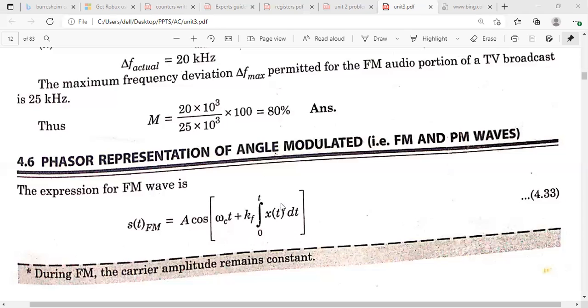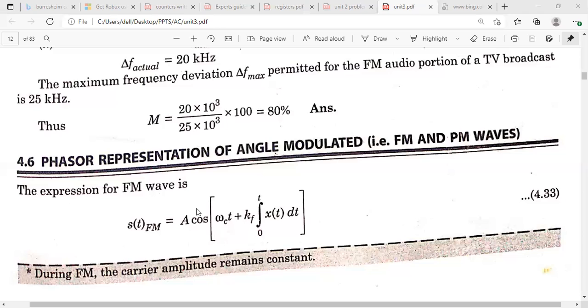Before going to that, we know the standard expression for the FM wave: A cos of omega ct plus kf into integral 0 to t of x of t dt. Here omega c is the carrier frequency and kf is the frequency sensitivity.